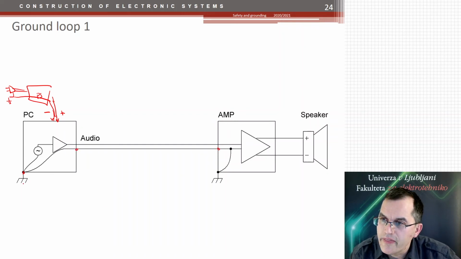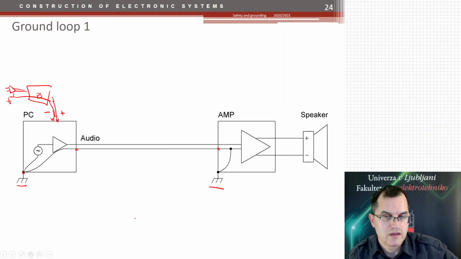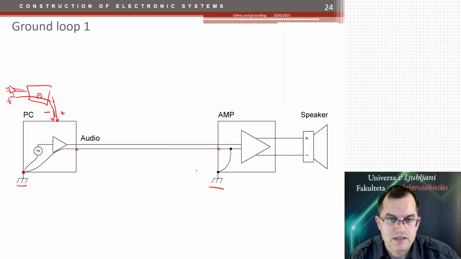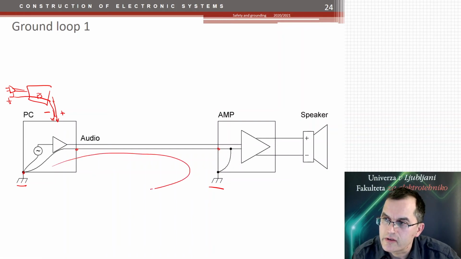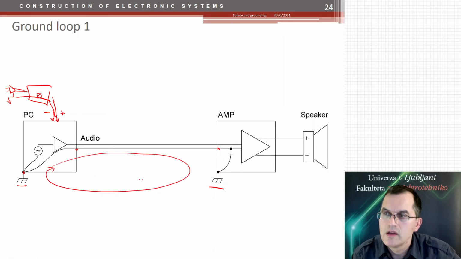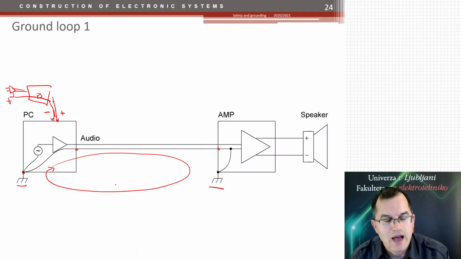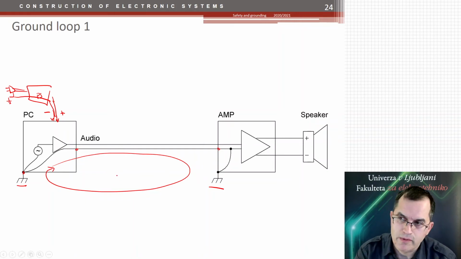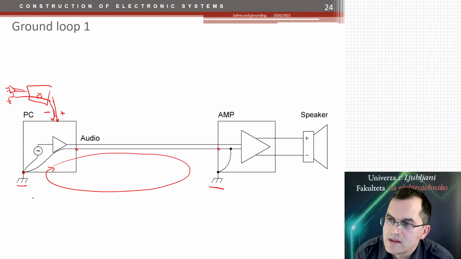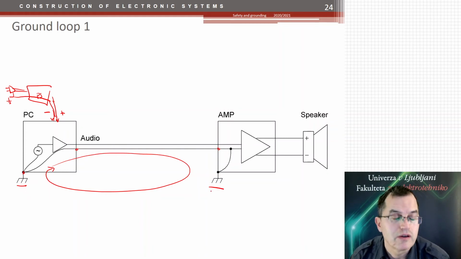And then, of course, here and here, because of the grounding of the device itself through the power supply cable. So here you have a ground loop. So what does that mean? From the previous slide, you can find out that two ground points are almost never on the same potential.